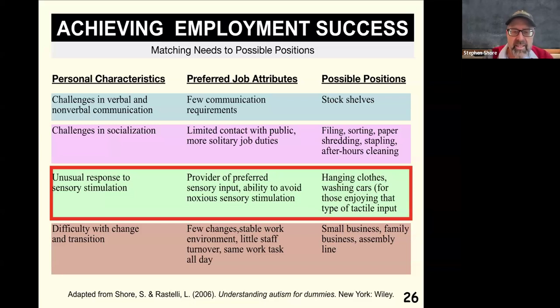I remember I was at a conference in Japan, and a mother asked me what her autistic teenager, who didn't speak very much and needed a good amount of support, could do for a job. So I asked, what does he like?